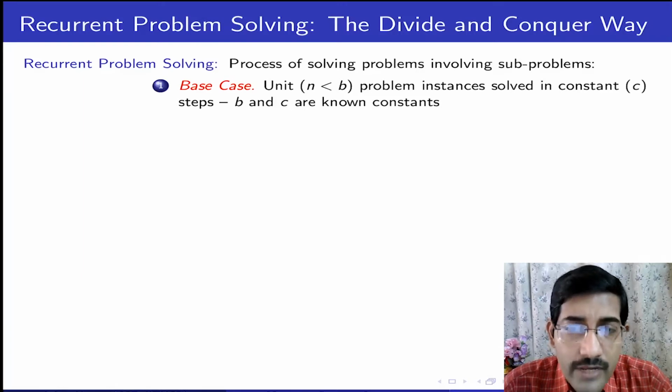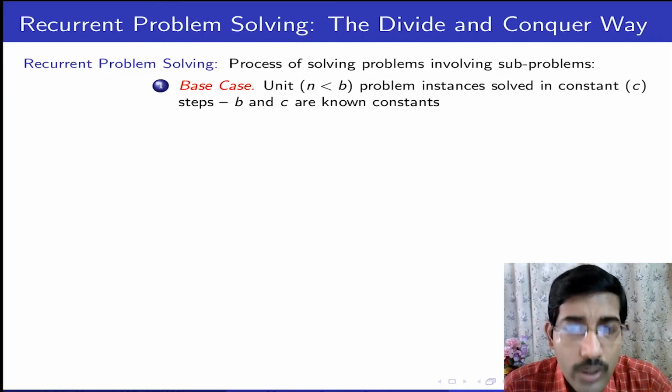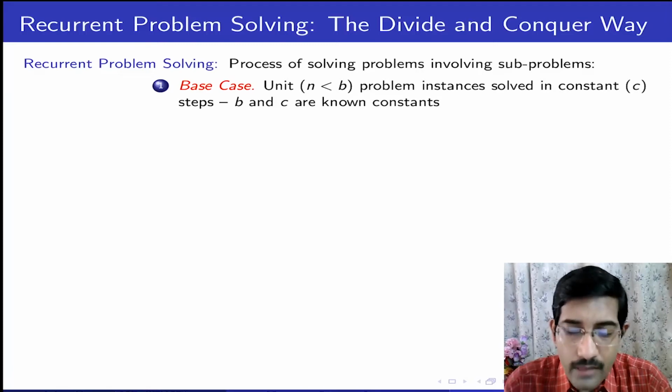Those instances are of very small size, maybe 1 unit of the problem or 2 units, which we assume can be solved in constant time. That is, given the question and those smaller units, you could immediately get an answer. So these are our base cases, up to which we will produce the sub-problems of the problem in a recurrent way.